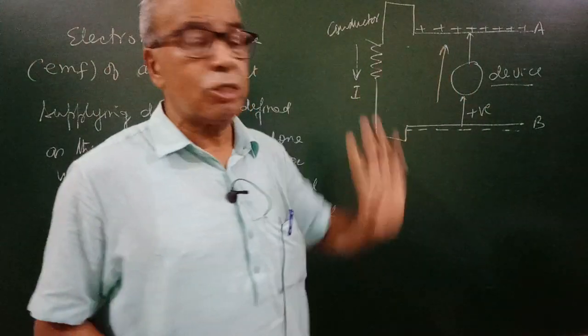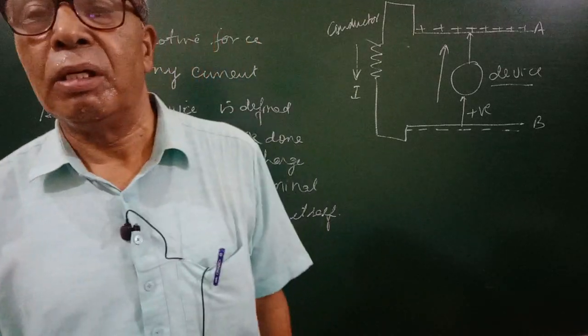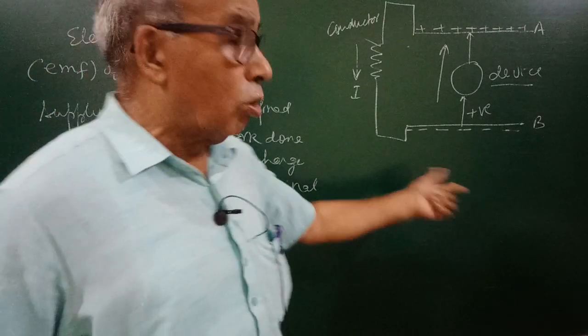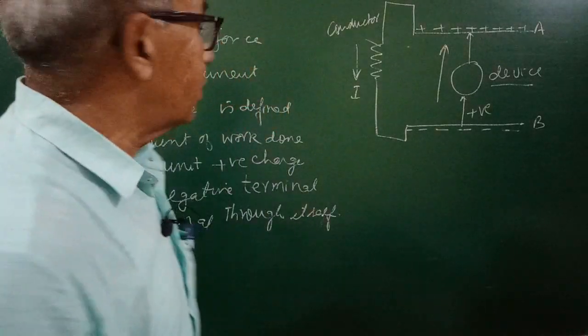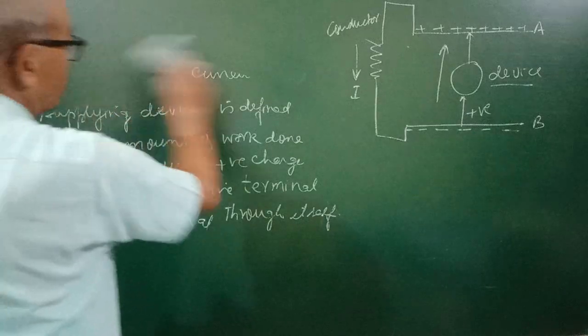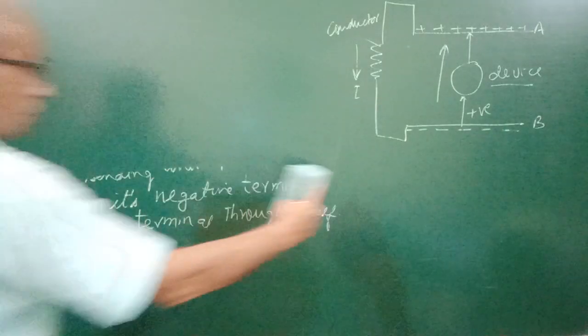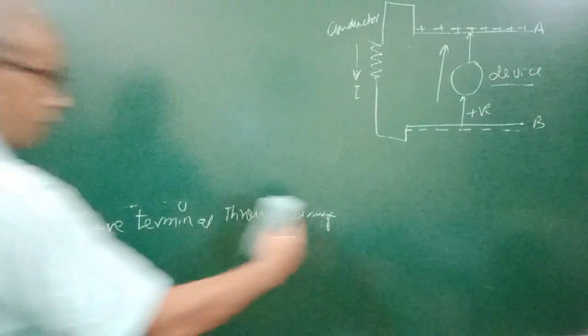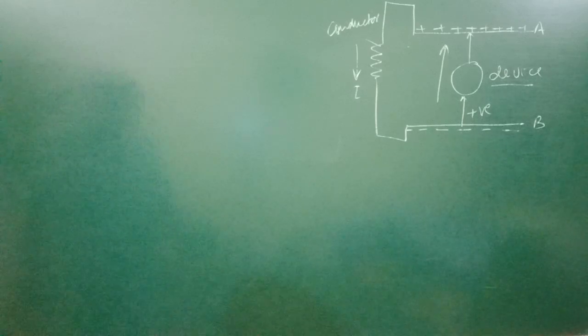An electrochemical cell does this work at the cost of chemical energy released during the breakage of bonds: an H2SO4 molecule gets broken, energy is released, and that energy is released in the form of kinetic energy of H ions and SO4 ions.